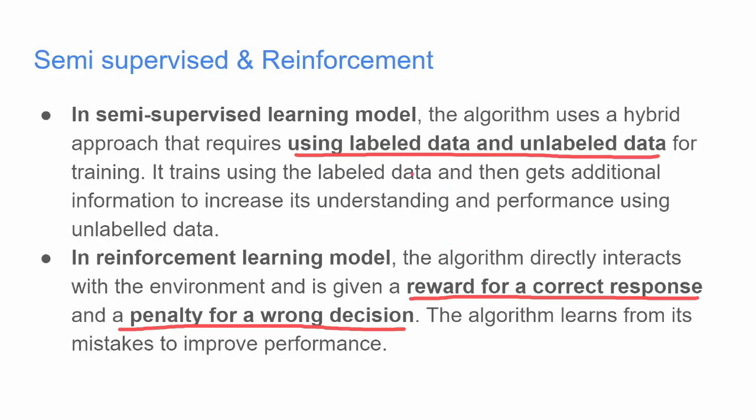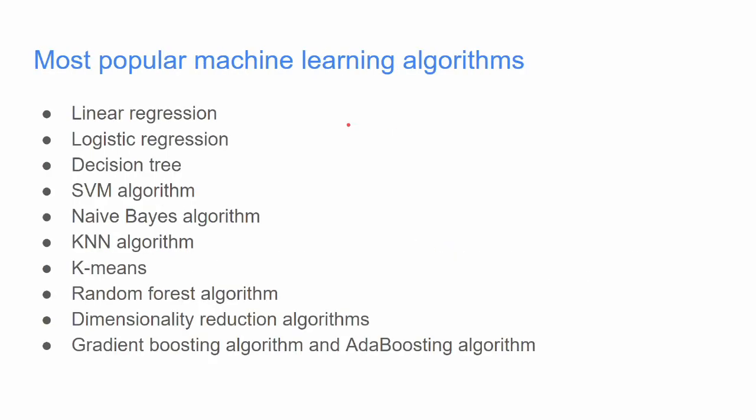Now next we'll see what the most popular machine learning algorithms are. The most popular machine learning algorithms are linear regression, that we are going to see today, what linear regression is and in depth how we are going to implement this linear regression model.